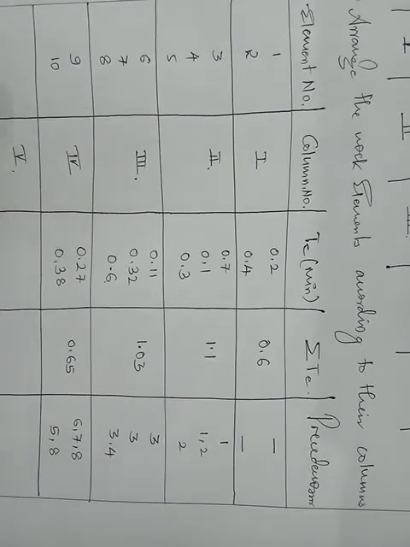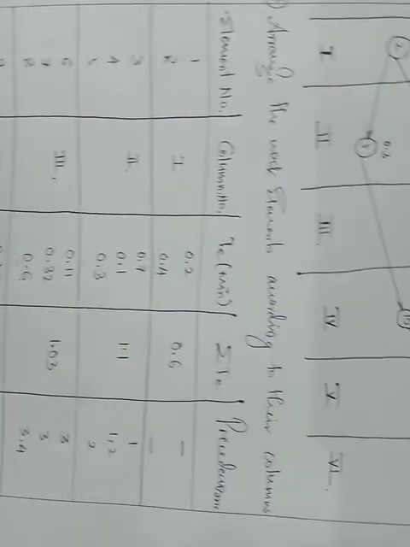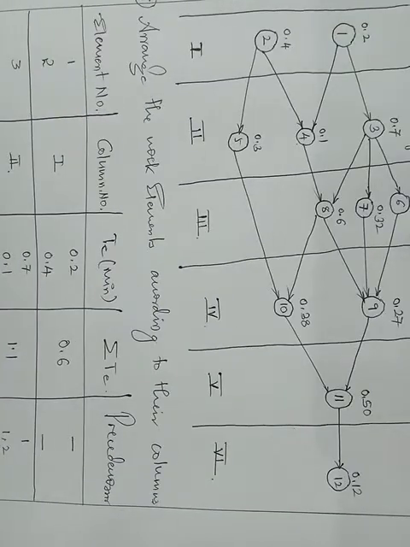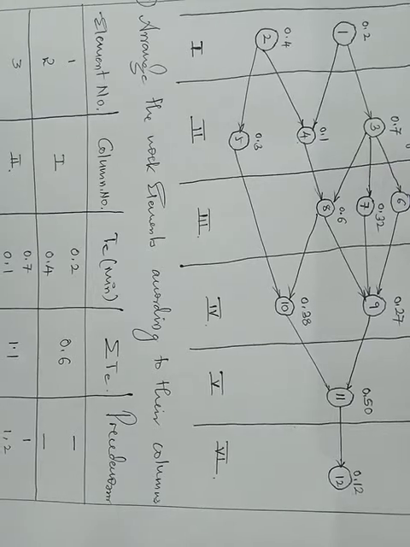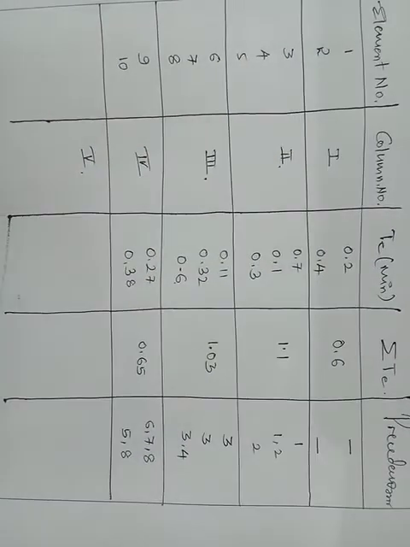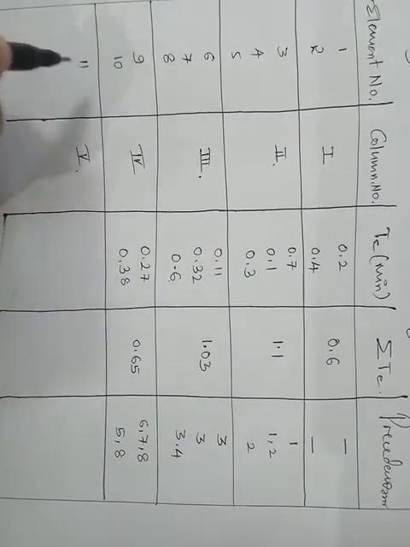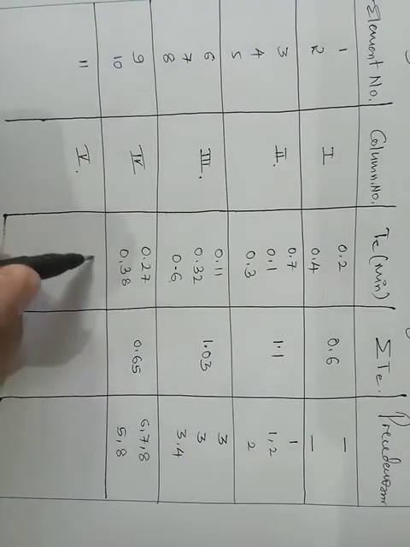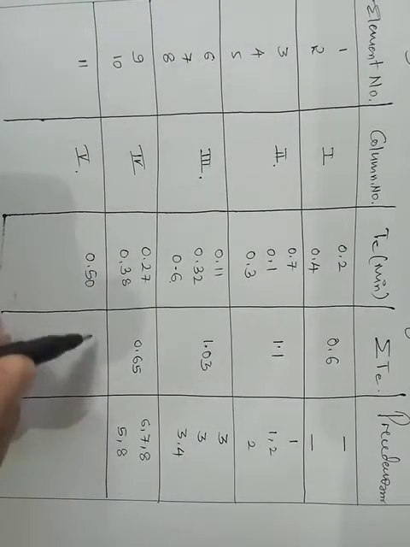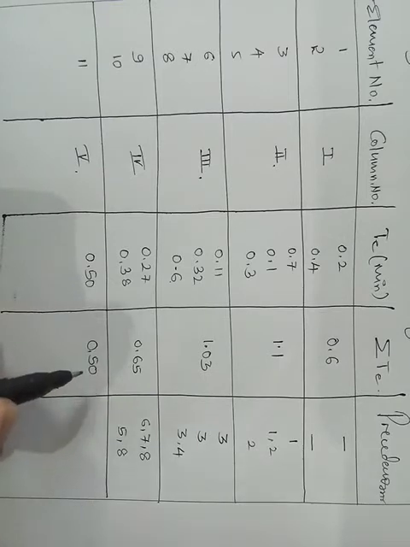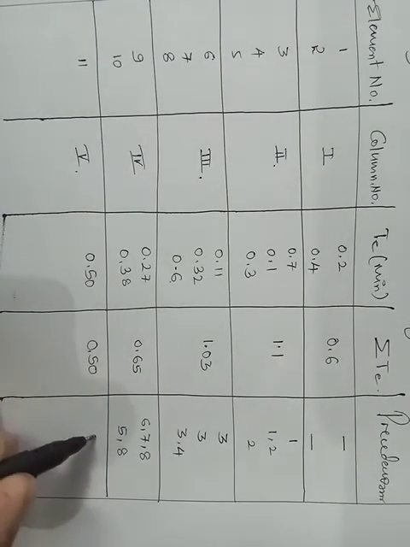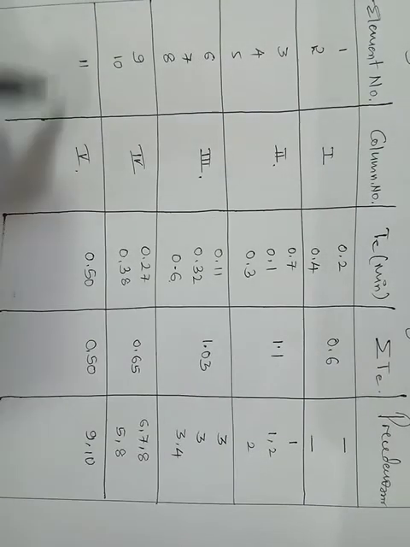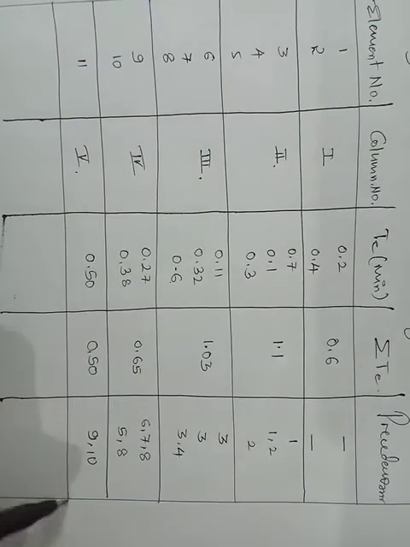Next, column number 5. In column number 5, there is only one work element, which is element number 11. So I have written it as 11. Work element time is 0.50. Here also it is 0.50. Immediate precedences are 9, 10. So close this.